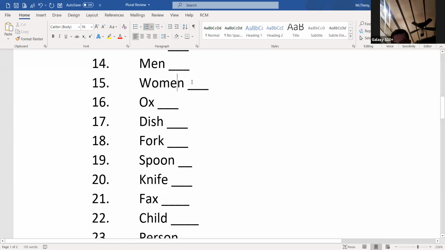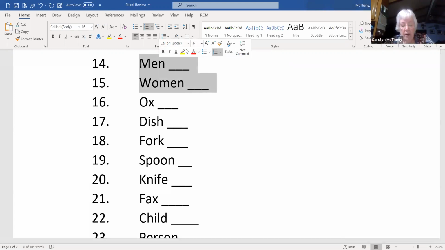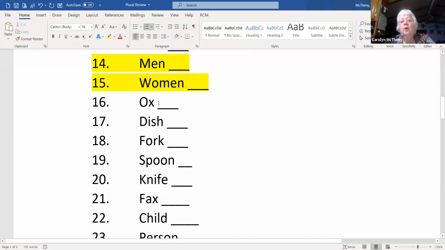Okay. Now, I put this other one in there because it forms plural just like man and woman. Ox is not E-S, it is E-N, like men and women. So I put it together with these two. This is a word that very often appears on tests to get into different schools or to see how much you know, like if you're going to do secretarial work.